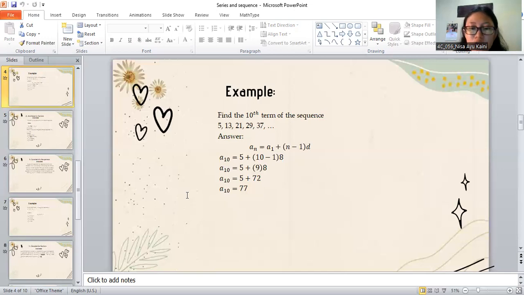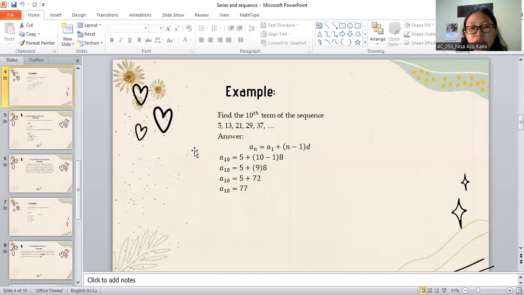Let's start. The solution: we look for a sub 10, which is the tenth term. For a sub 1, what you need to do is find the first term of the given sequence. In the given sequence, we have 5, 13, 21, 29, 37, and so on, so our first term is 5. In the given formula, we have n.